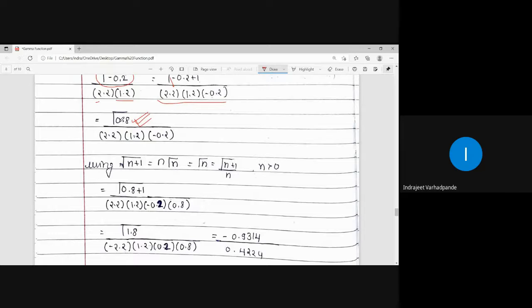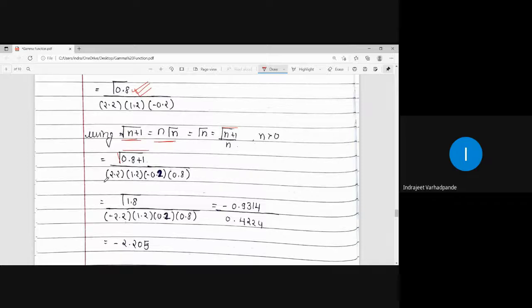So what will it be for gamma n plus 1? Using gamma n plus 1 is n gamma n, so gamma n will be gamma n plus 1 upon n. So again I am writing it as gamma of 0.8 plus 1 upon 2.2, 1.2, minus 0.2 into 0.8, and accordingly gamma 1.8 is available with me, which is minus times this, take the product and simplify.